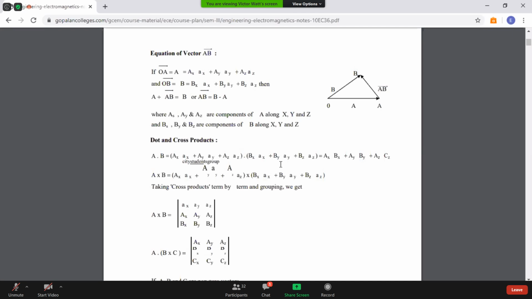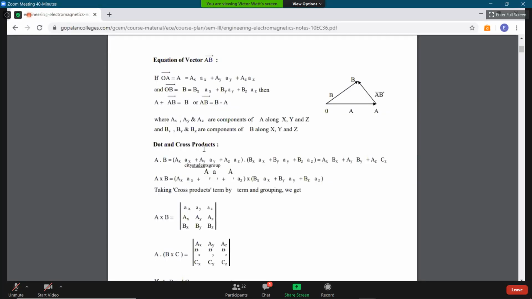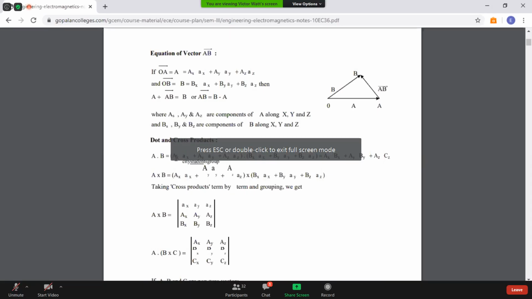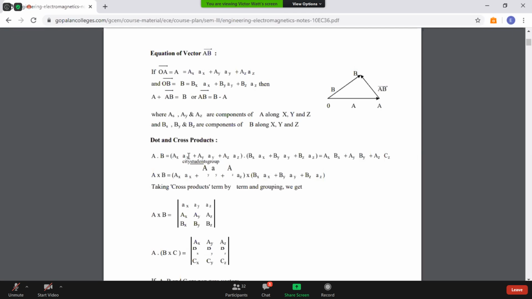Now let us do this little algebra. We have vector A broken down into AX, AY, AZ. Cosine of 90 is what? Question for you to answer. What's the cosine of 90?